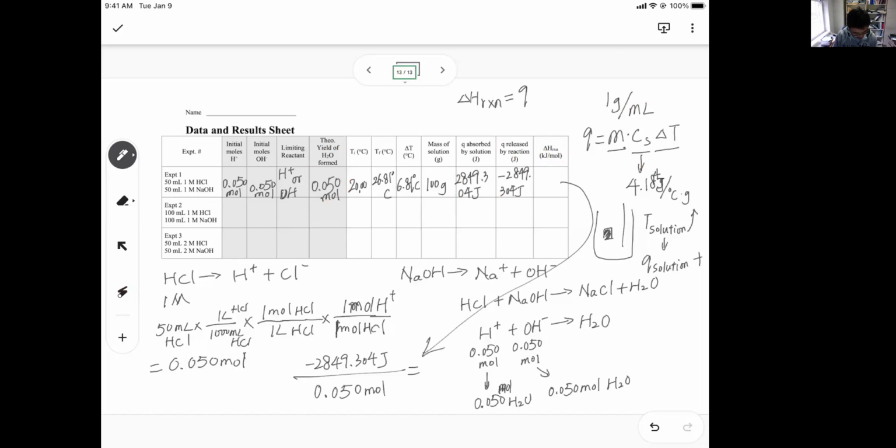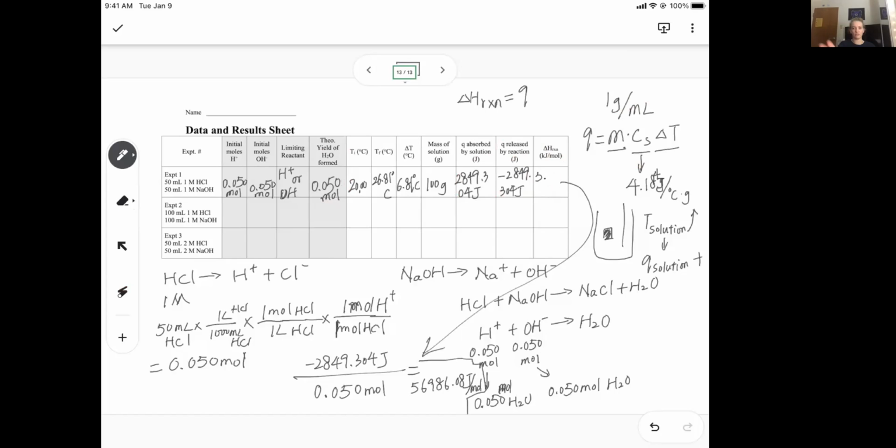So if you do that, this is 56986.08 joule per mole. Of course, if you convert that to kilojoule, then that's going to be 56 point, significant figures. Well, looks like we have to use scientific notation.